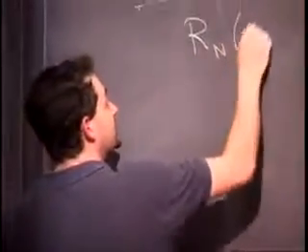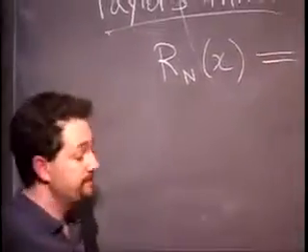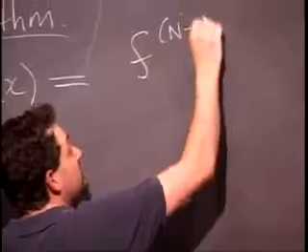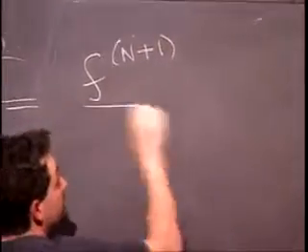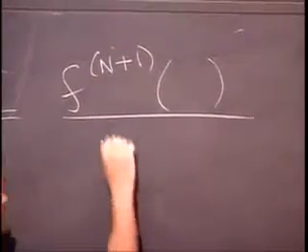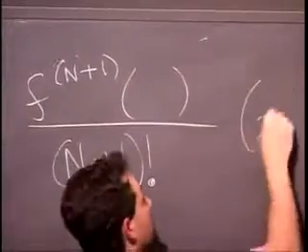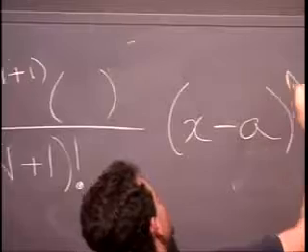Rn of x is equal to... It's very similar to the Taylor polynomial. It's the n plus 1th derivative over the n plus 1 factorial, x minus a to the n plus 1.